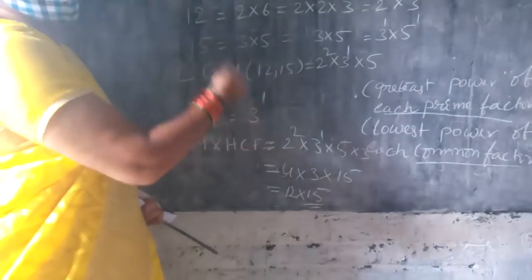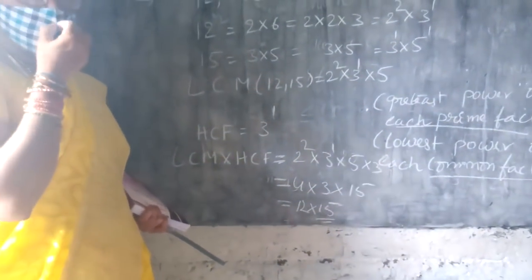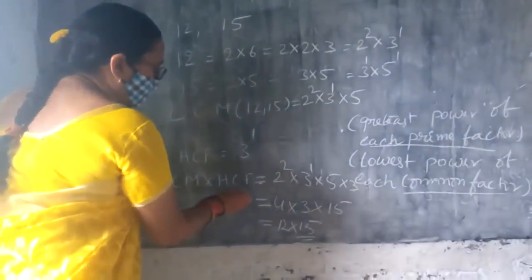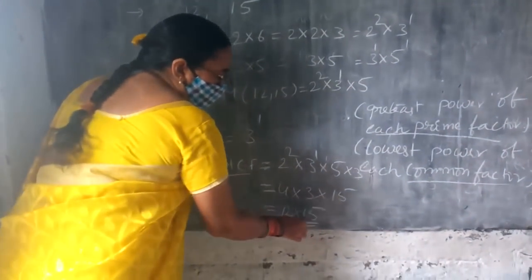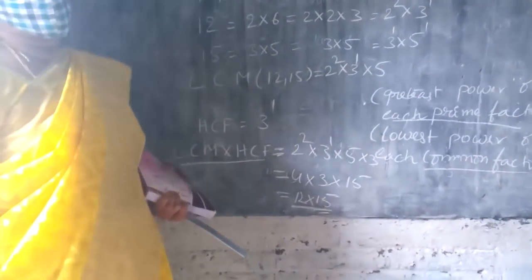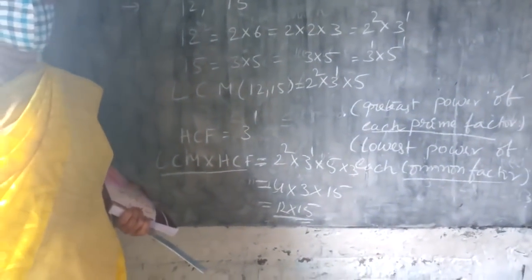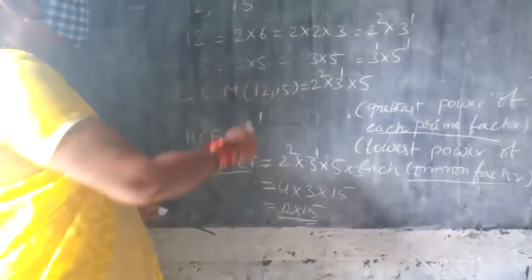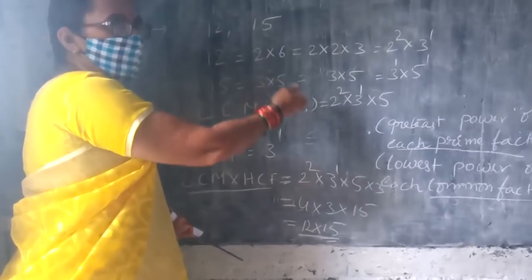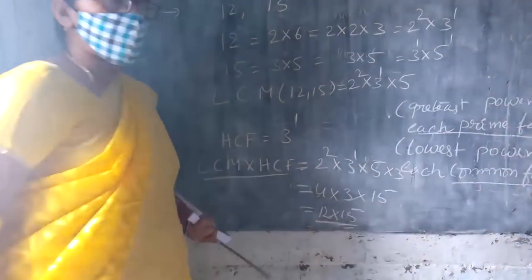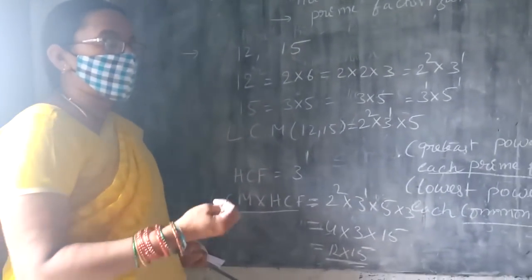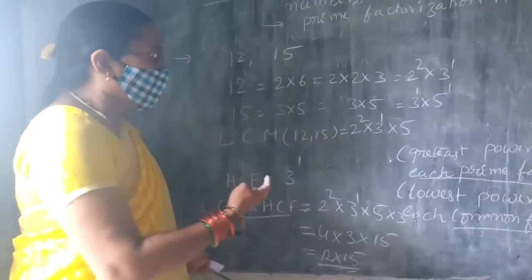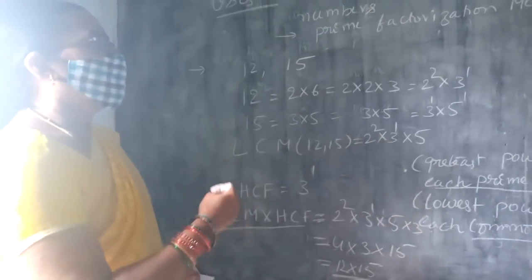The given integers came. The product of LCM and HCF is equal to the product of the two numbers. Which numbers we took, those numbers come in the result. Already we learned this in the previous class: the product of LCM and HCF equals the product of the integers.